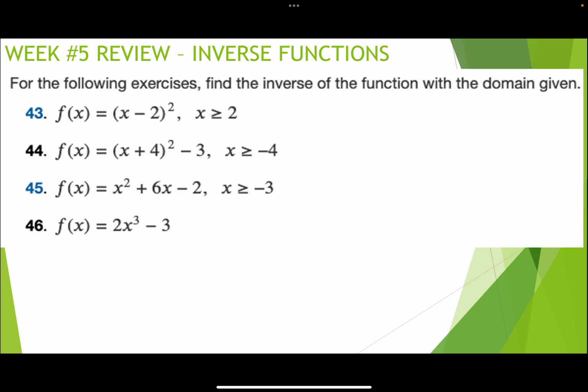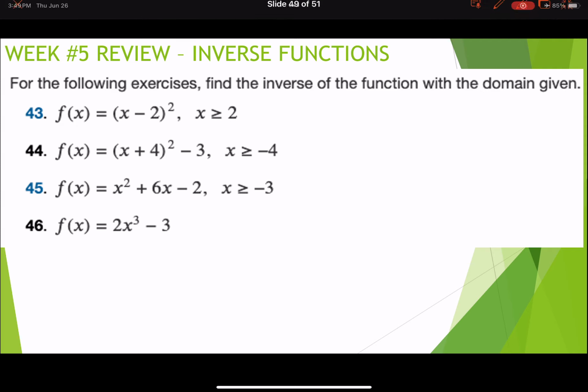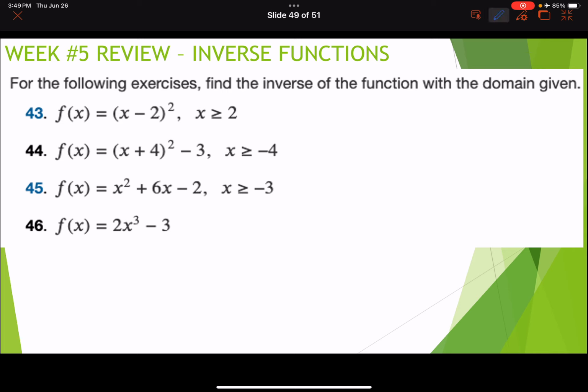Last thing is inverses. So remember, we want to try and find the inverse. Just kind of review. Let's say we did like 44. So we're going to find inverses. You're going to switch the x and y. So this is going to be that x is equal to y plus 4 squared minus 3. So we're going to solve that for y.